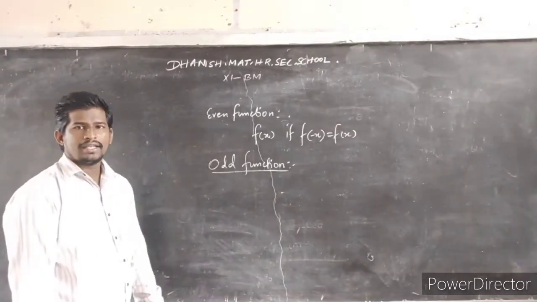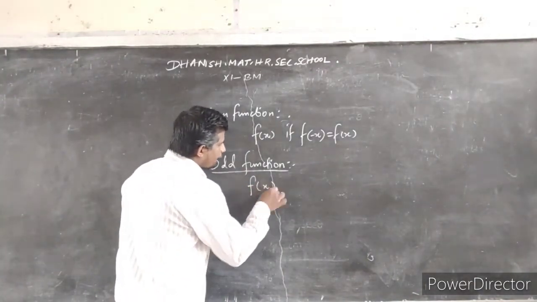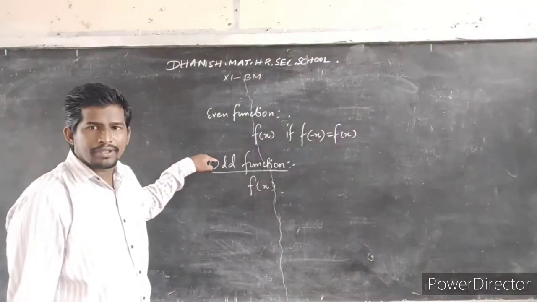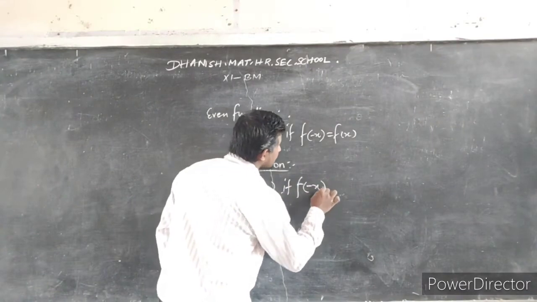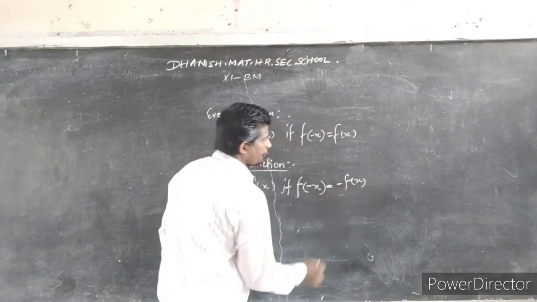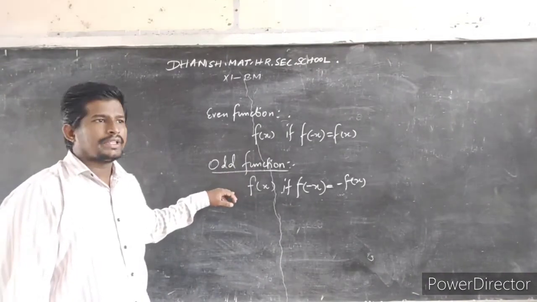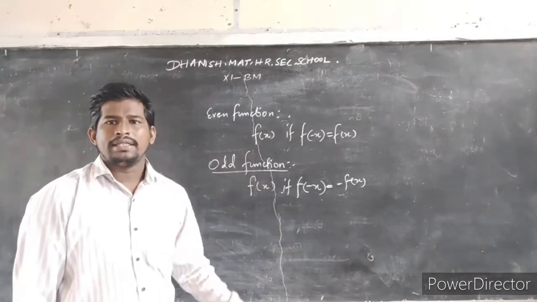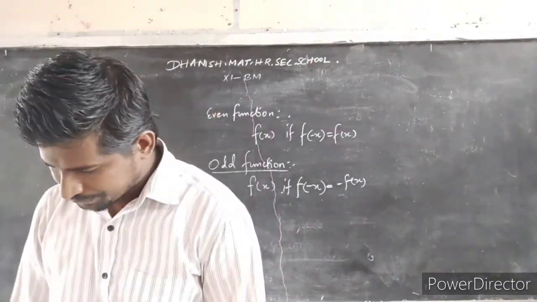Let us move on to the next one, odd function. The function f of x is said to be an odd function if f of minus x equals minus f of x. So sin theta, cosecant theta, cot theta and tan theta are odd functions.